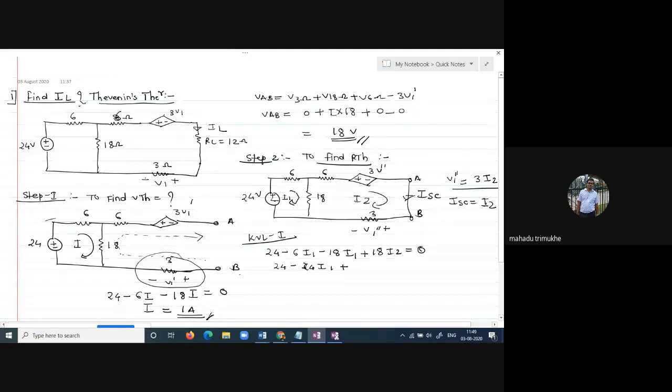So 24 minus 24 I1 plus 18 I2 is equal to 0.